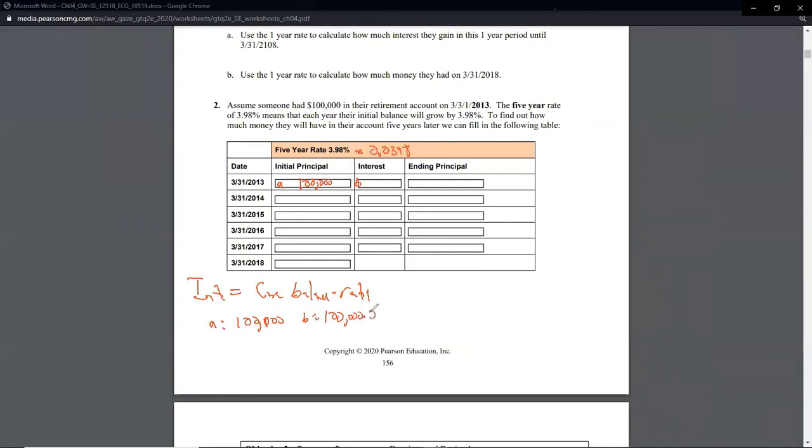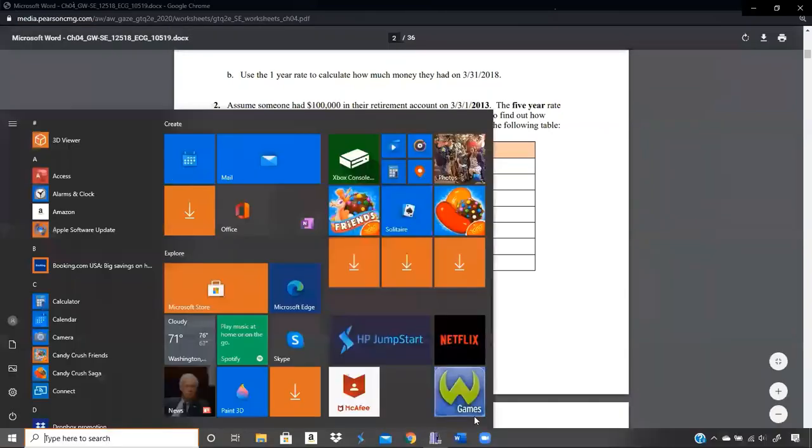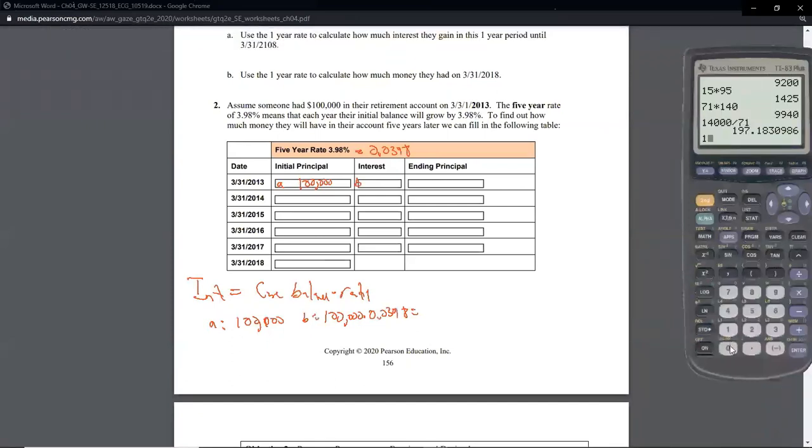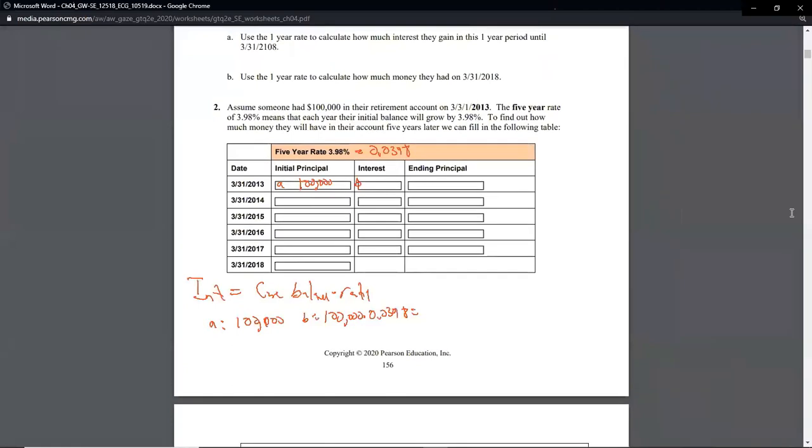So we take the $100,000 times the 0.0398. Annotate, get my calculator, there we go. So 100,000 times 0.0398, and we end up with 3980. Oops, back on annotate.